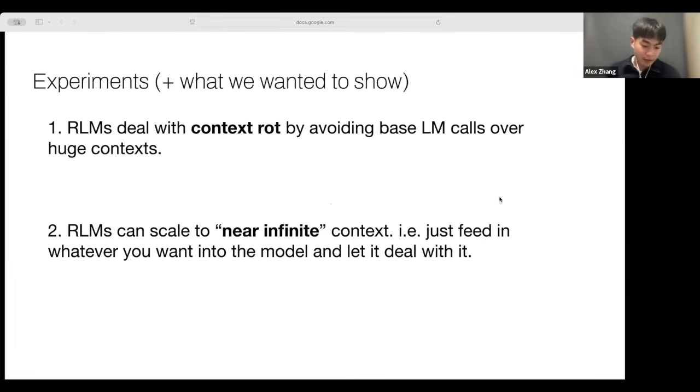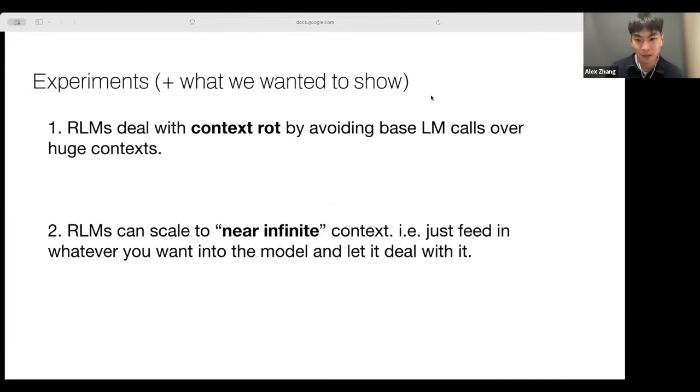So I think the reason we ended up choosing the REPL environment is, if you think about how, as a researcher or even yourself, when you're given some project that you want to do, and you're given a bunch of data sets and things that you need to look at and figure out how you're going to build your method to deal with this thing, generally, I think we like to deal with things in code.